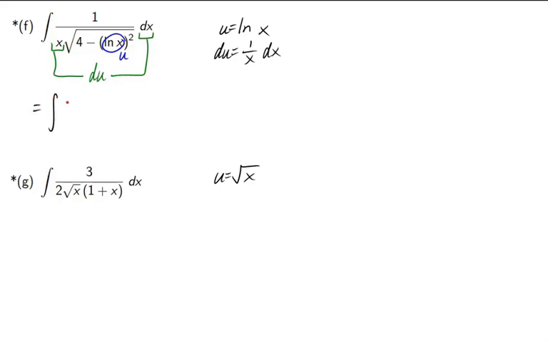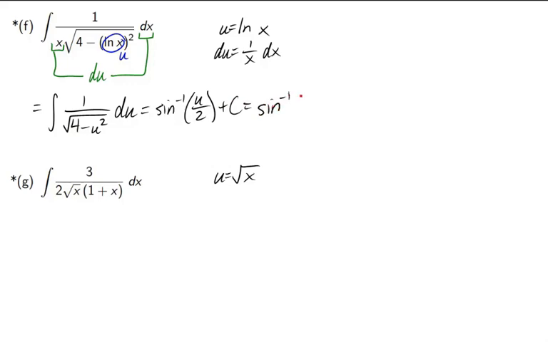So I get the integral of 1 over the square root of 4 minus u squared du. That's the inverse sine form. I get u over a, and a is 2 in this case. I get the inverse sine of natural log of x over 2 plus c.